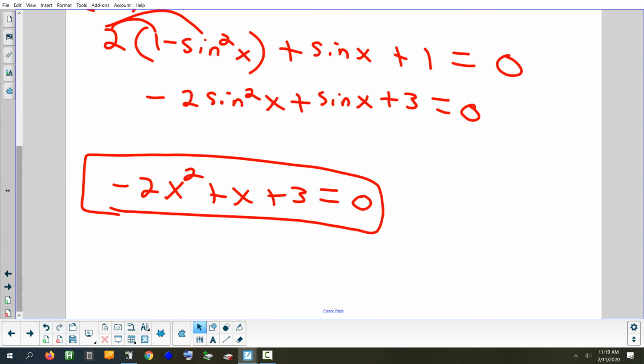Yeah, if I'm going to try to factor, I don't know if this is factorable, but everything we've learned about factoring from Algebra 1, you never factor when the leading coefficient is negative. You always make that positive. So what we can do is divide everything by -1, and we're going to do the same thing here. Now, if this isn't factorable, then that's a waste of time. Maybe we should just go right to quadratic formula where A is -2, B is +1, and C is +3.